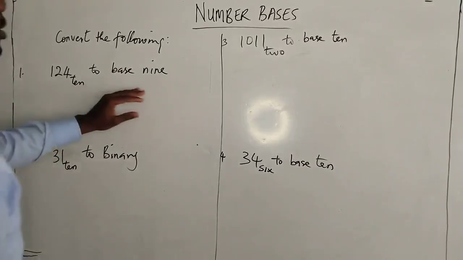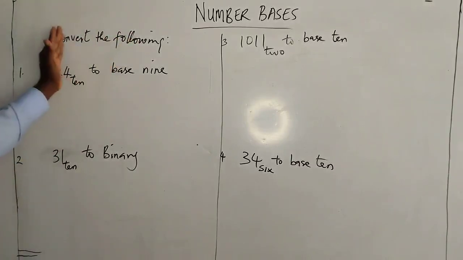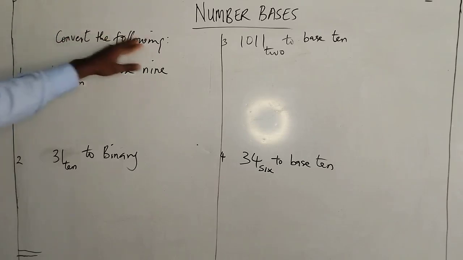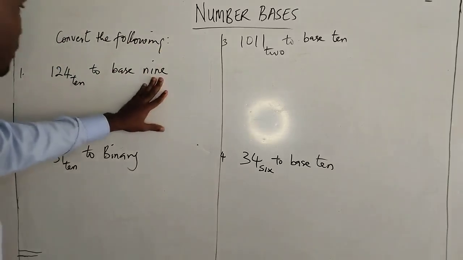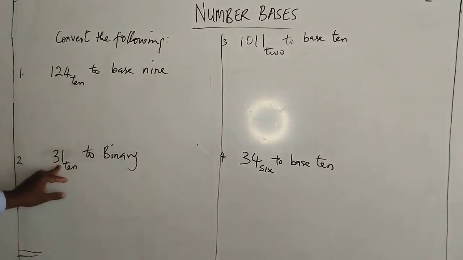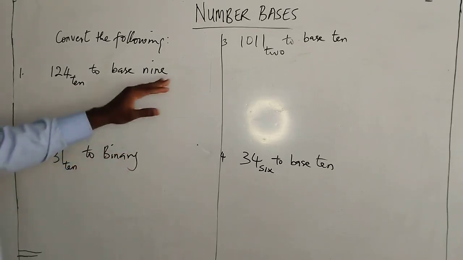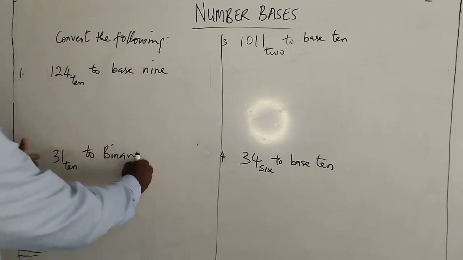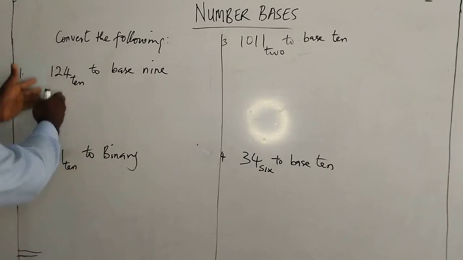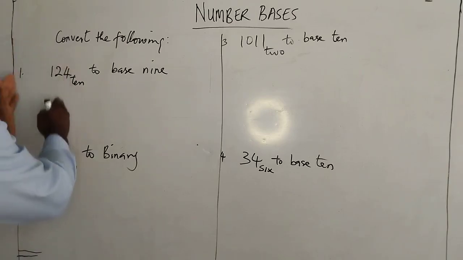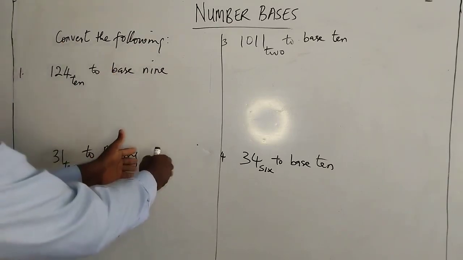We have 4 questions on the board. This part of the board says convert the following: 124 base 10 to base 9, 13 base 10 to binary. Now, these two questions talk about numbers that are in base 10 being asked to be converted to other bases.